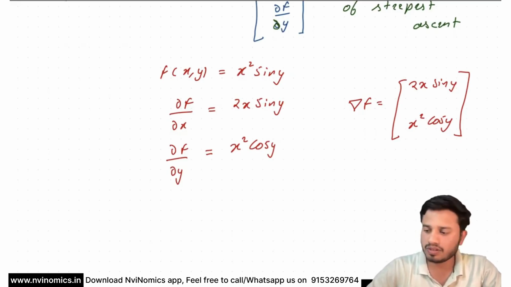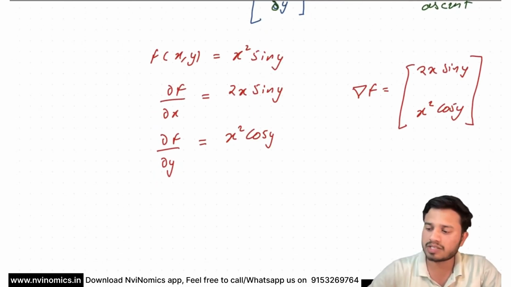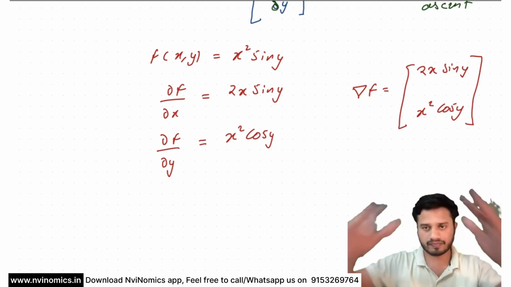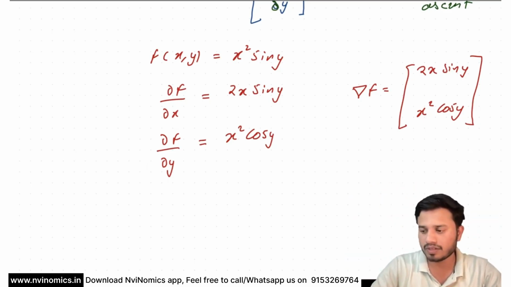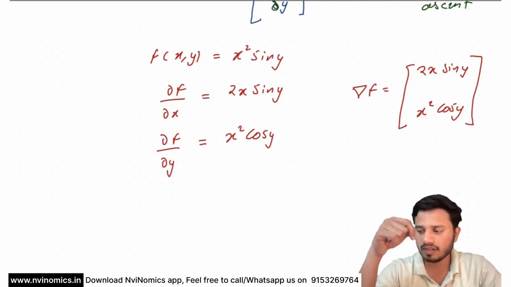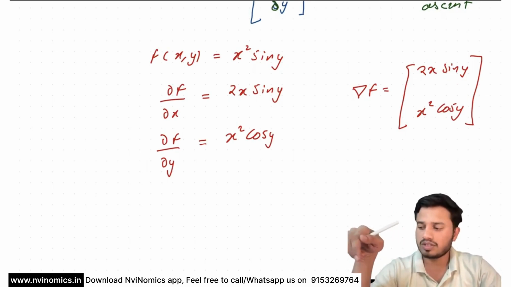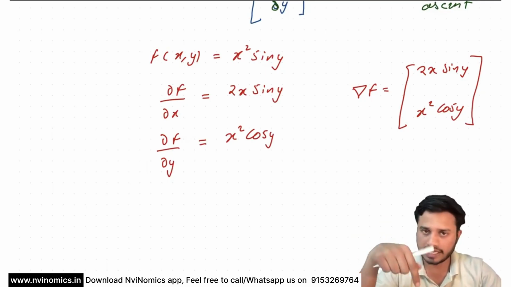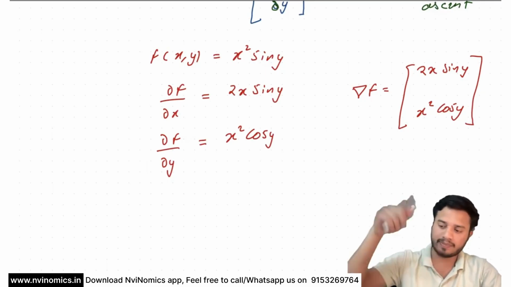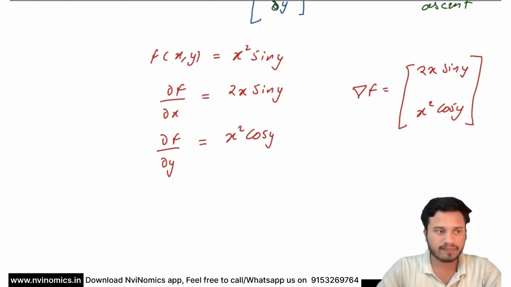You can work it out on a 3D Desmos website. Just put this x square sine y there. You will get a mountain shaped 3D object, and at any point on that mountain, when you look below your foot, the gradient will tell you the direction in which the mountain is steepest, so steepest if you are going up.